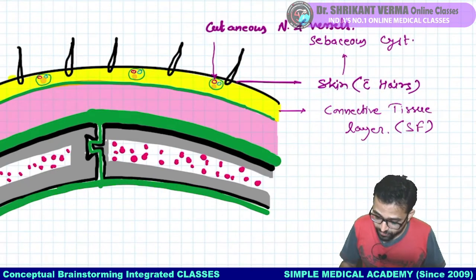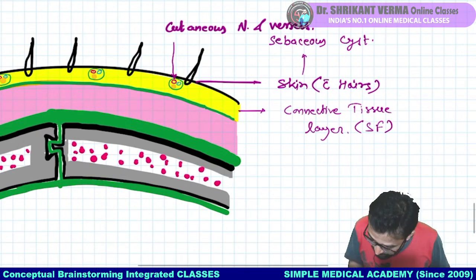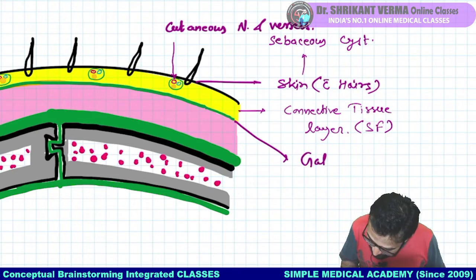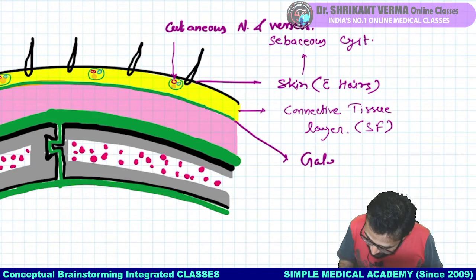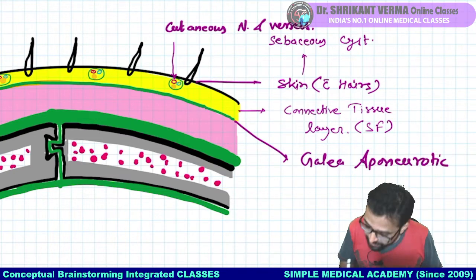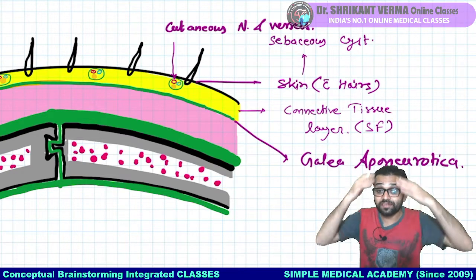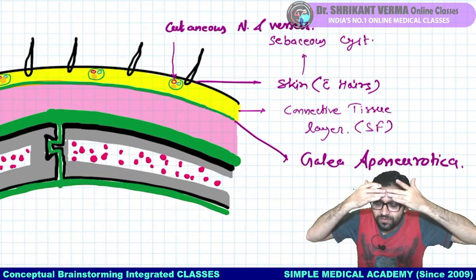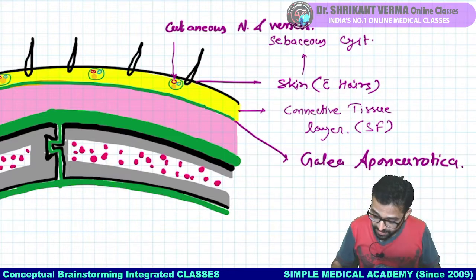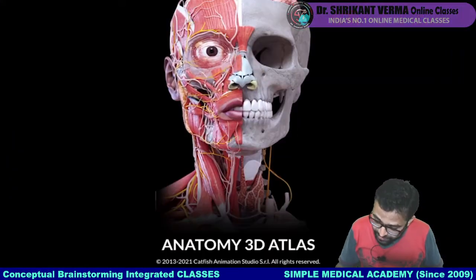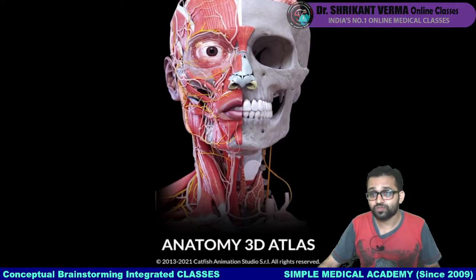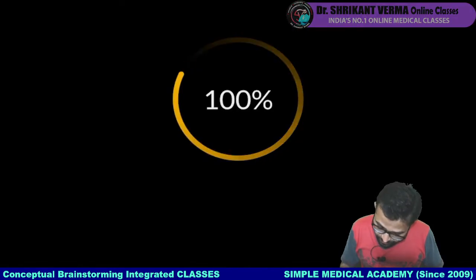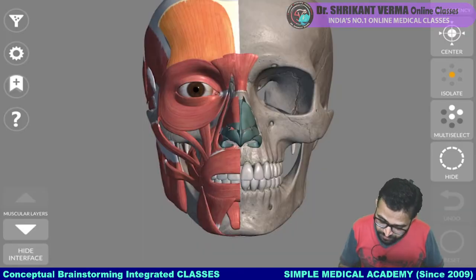Now try to understand. Here is our next layer, the aponeurosis layer, also you can say Galea aponeurotica. In our upcoming classes I will tell you about this Galea aponeurotica, in front it has one muscle which is known as frontalis. I am showing you in a three-dimensional presentation, so you can observe here.